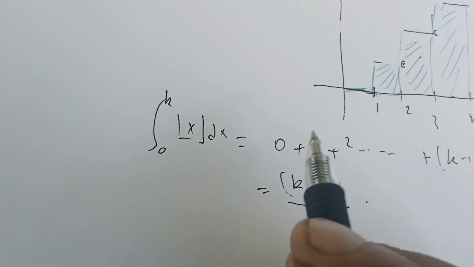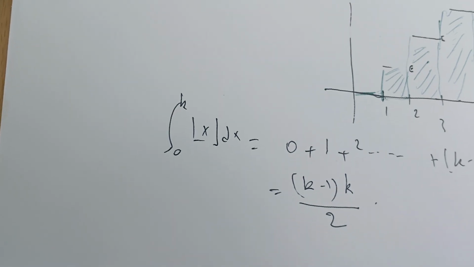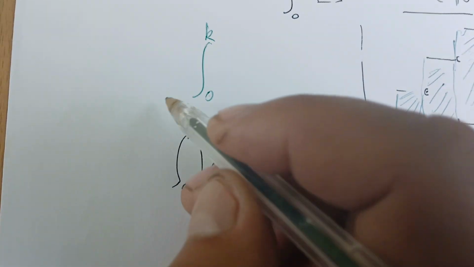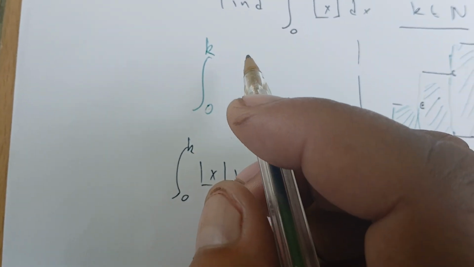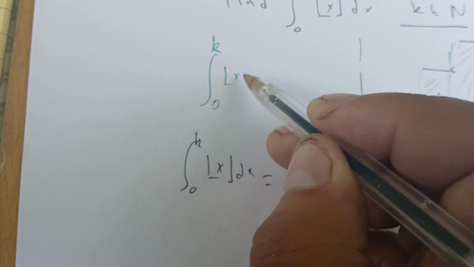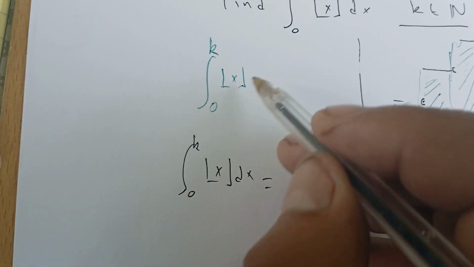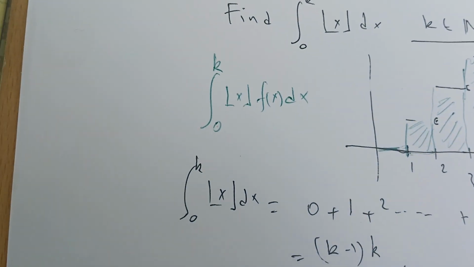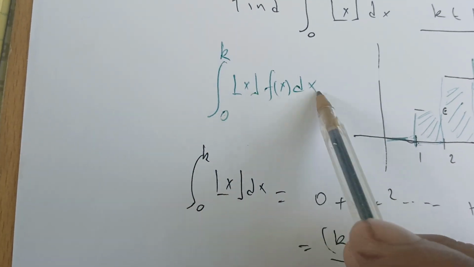If we have some function, let's say the integral between 0 and k, where k is an integer now, and we want to find the value of the integral of f of x dx, we're going to work the same way.